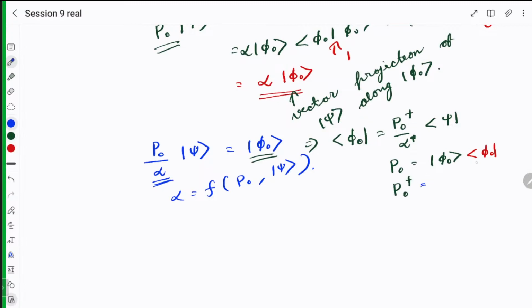Remember, this outer product is a column vector times a row vector. So the order will change and each one will get a dagger.